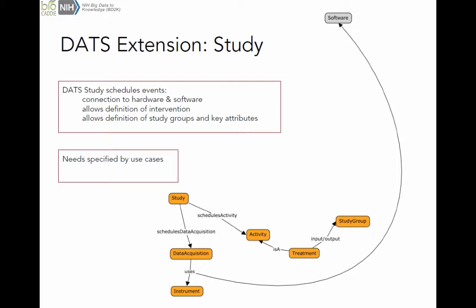So this is why we really distinguish between these two sets of DATS: one that solely relies on the DATS core, and one that will need a few more objects.